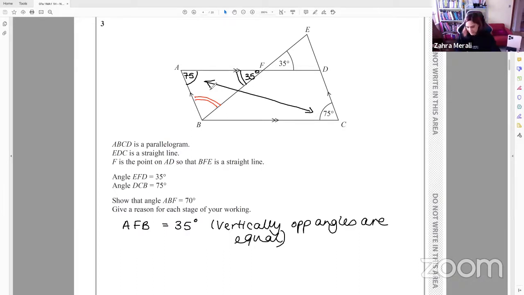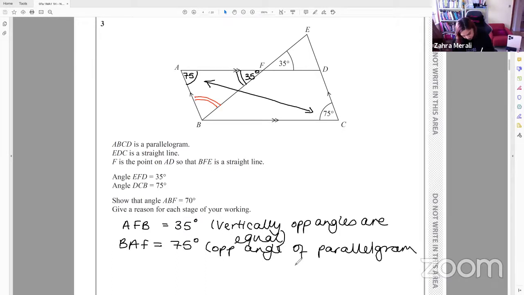So we can write BAF is 75. And then it makes it really easy to find that angle we want. And that's opposite angles of a parallelogram are equal.